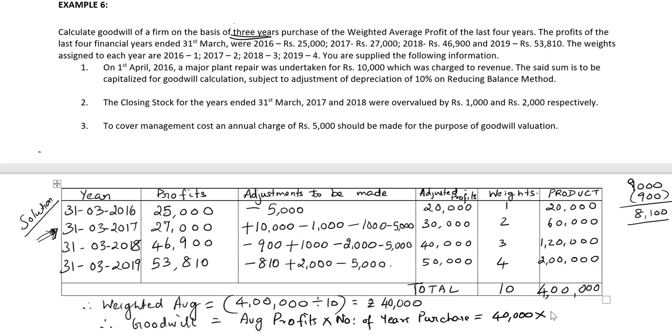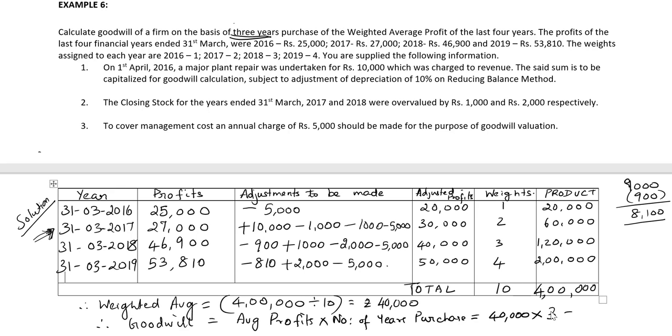So into 3, and I have the value of goodwill of the firm as rupees 1,20,000. So we've done a comprehensive example with multiple adjustments using the weighted average and valued goodwill under the average profits method.